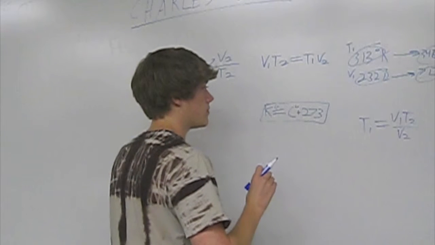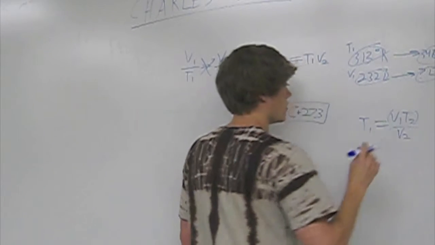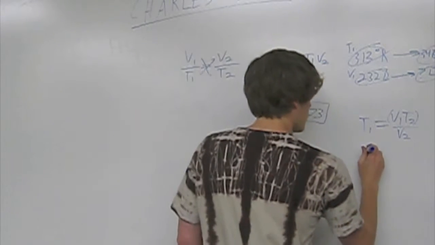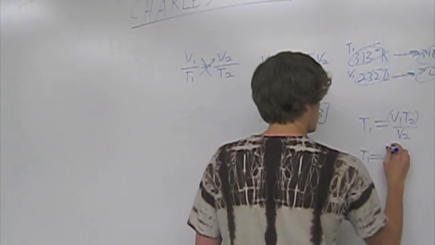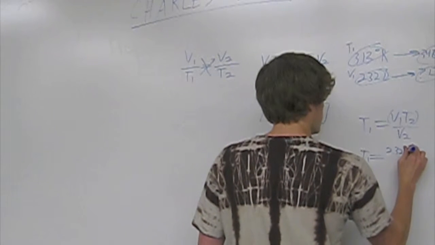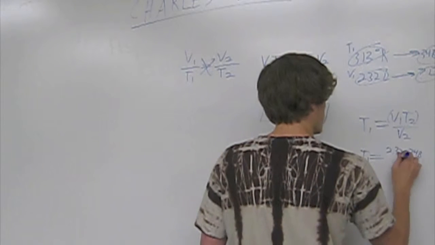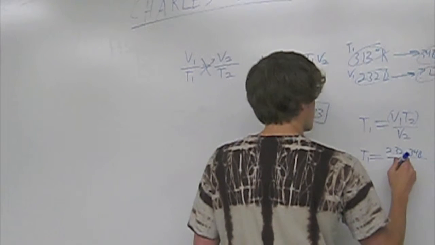And this is the way I think we both like to do it. Just rearrange it so you don't get confused, because when you plug the numbers in, it can be kind of confusing sometimes. It's pretty simple. T1 equals, let's see, 2.32 times 3 all over V2, which is what we're trying to find.